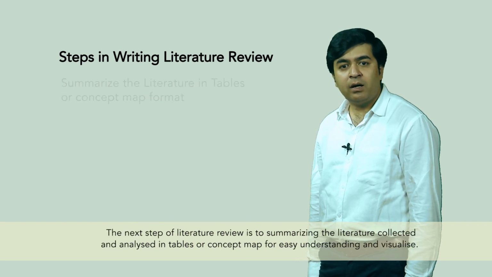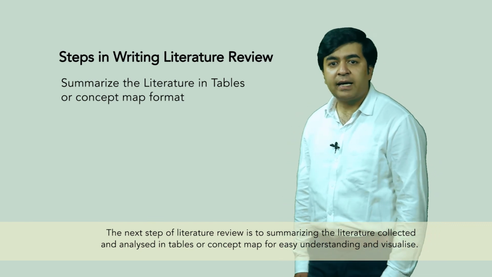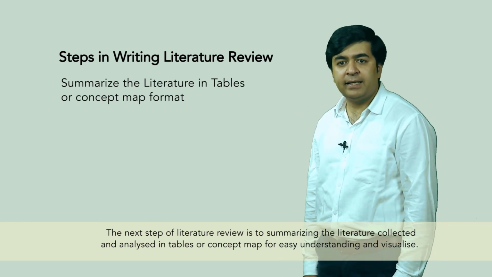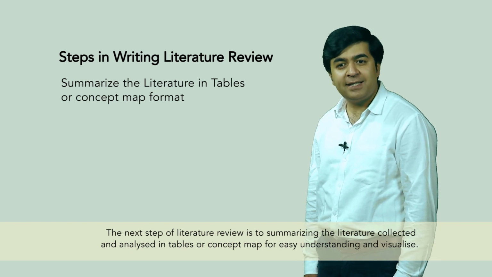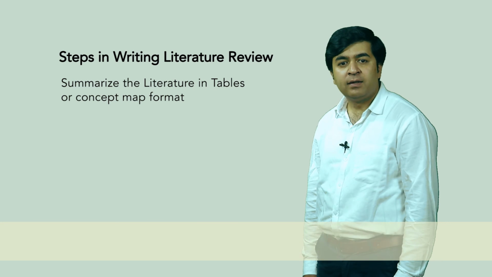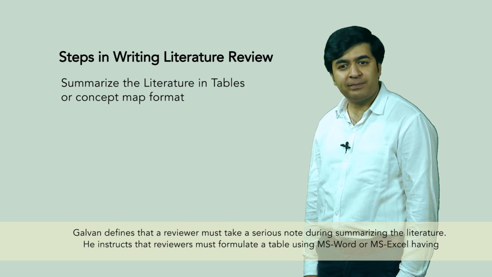The next step of literature review is summarizing the literature collected and analyzed in tables or concept maps for easy understanding and visualization. Galvin defines that a reviewer must take serious note during summarizing the literature.